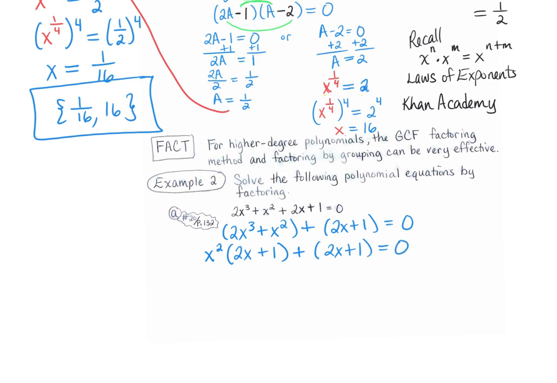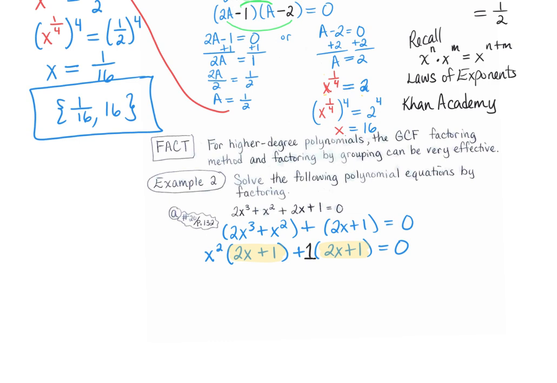When we group them and factor out that x squared, those two are the same now. So technically in front of that last 2x plus 1 is an understood 1. I'm only writing that so you can see.